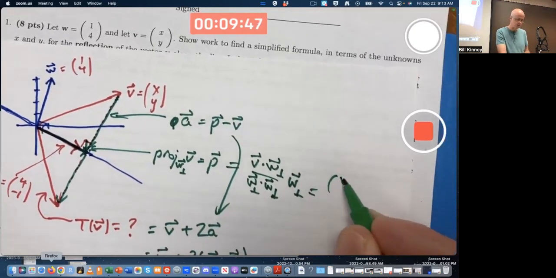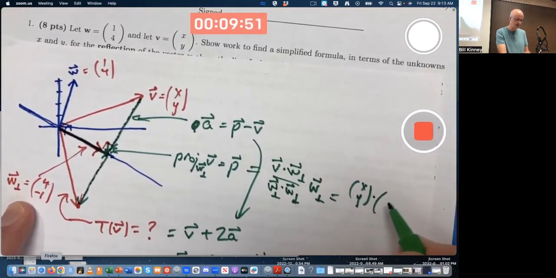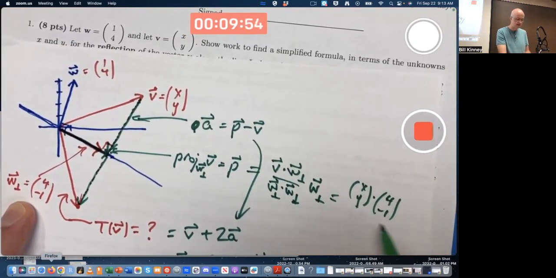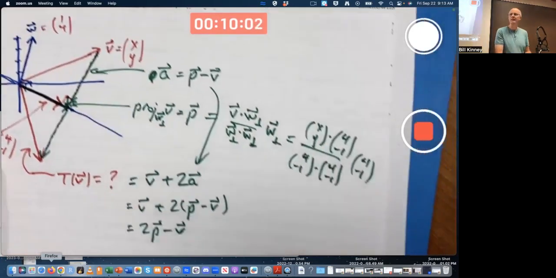Okay, that's XY dotted with W perp, which is a particular vector here, 4, -1. That's got to get dotted by itself in the bottom. And then we need to simplify that.